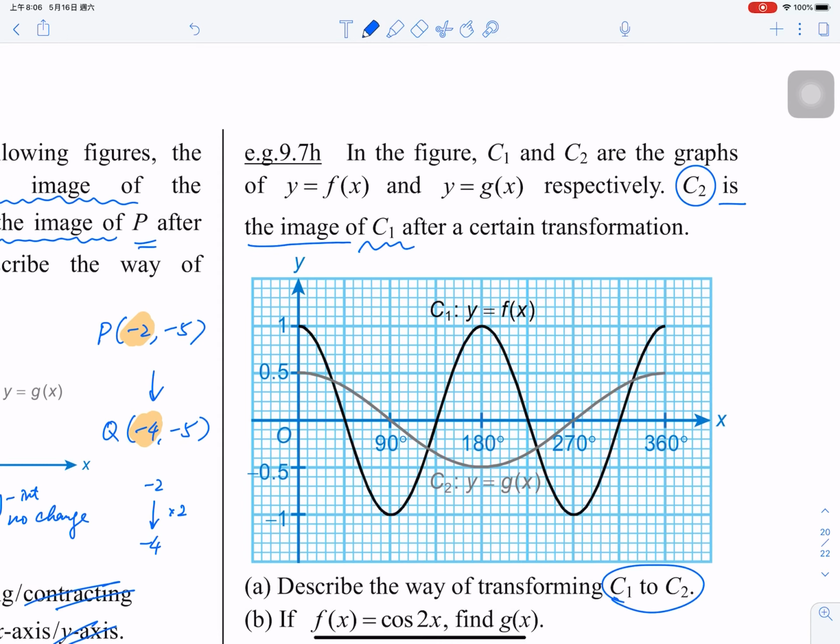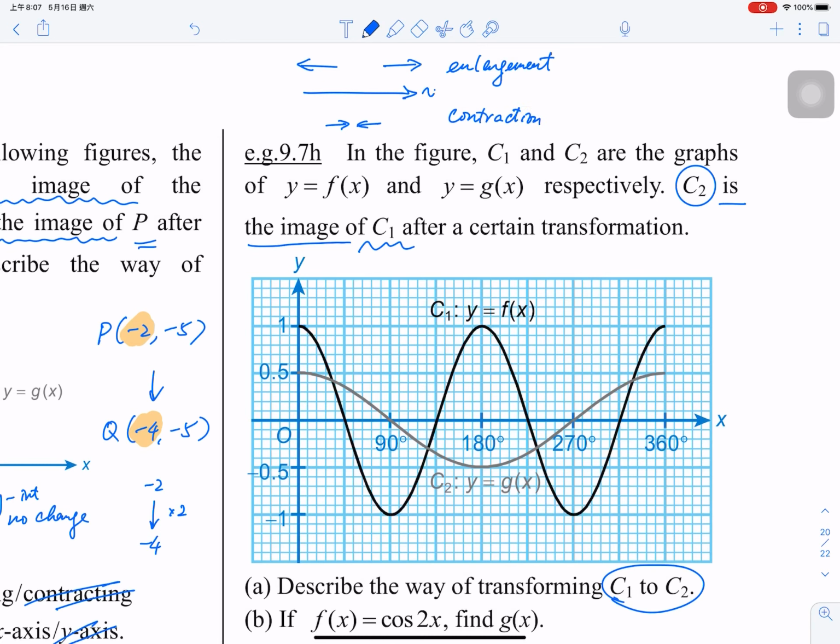Before we describe the way of the transformation, let's have a look. If enlargement and contraction along the x-axis, then this one is the enlargement. And if the graph is like this, then it is doing the contraction.